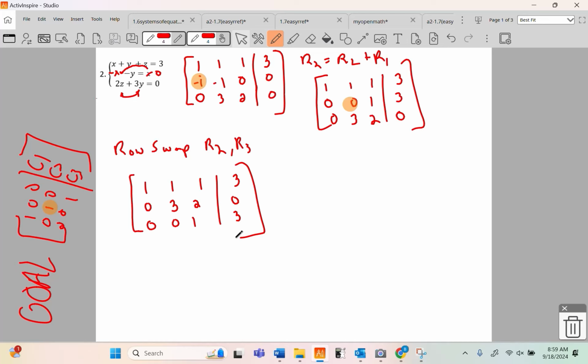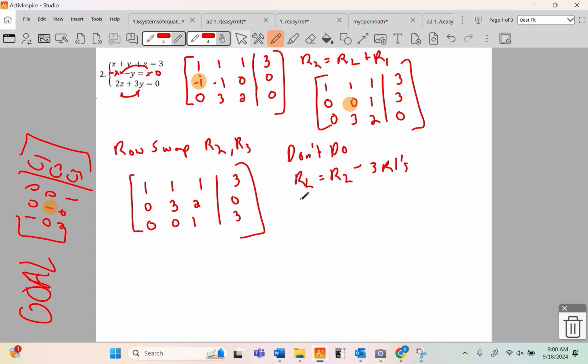My next big concern here is probably this 3. And here's the bummer. If I did something silly, like this is a big don't do, okay? Don't do row 2 is row 2 minus 3 row 1s.